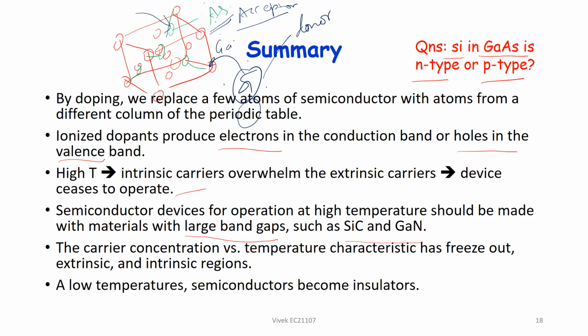So silicon occupying gallium site will act as donor, so that will be n-type dopant. Silicon occupying arsenic site will act as acceptor, so that will be p-type.